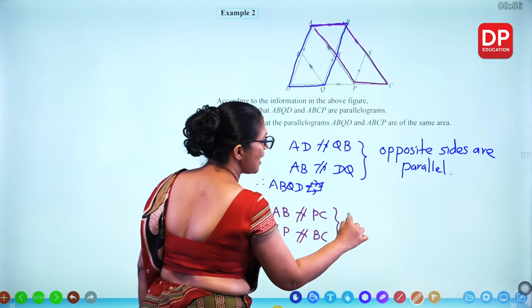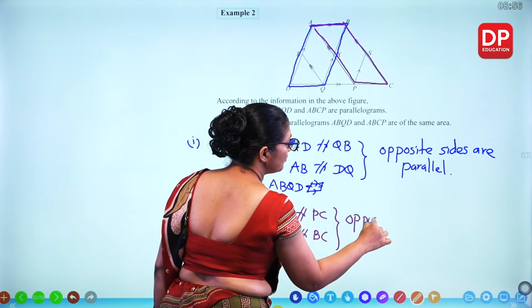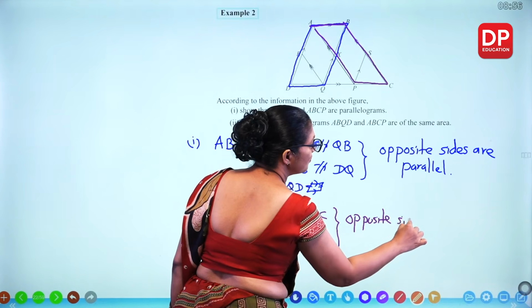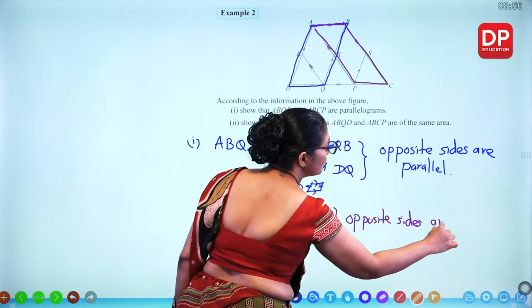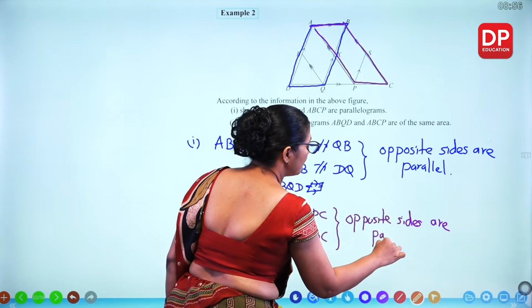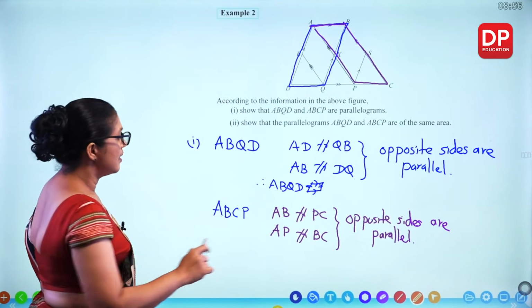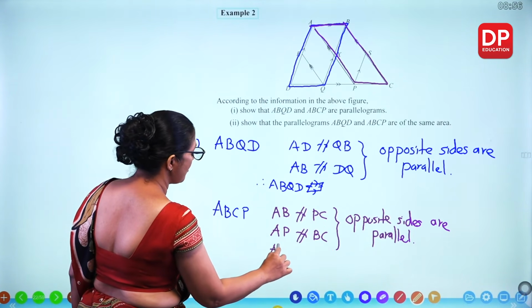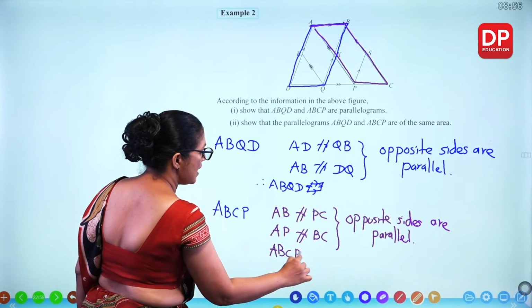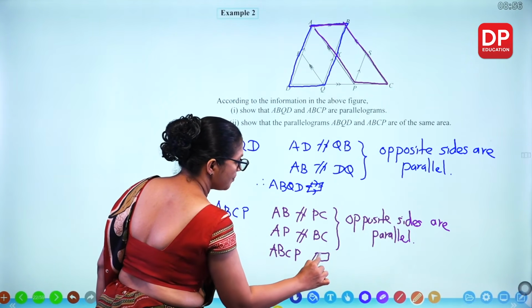Again, opposite sides are parallel. That means this is a parallelogram. ABCP is a parallelogram.